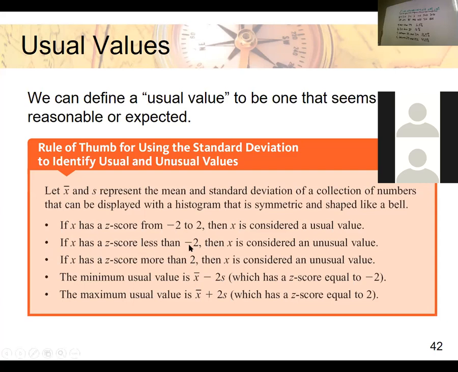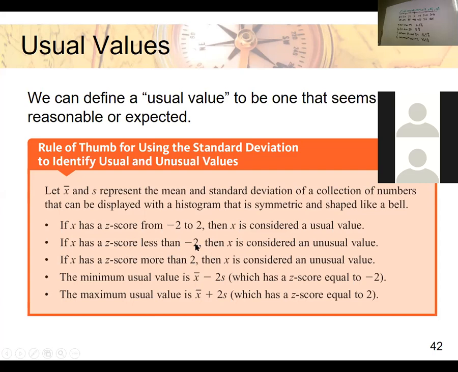Now, in the new statistics book that I plan to use next in the fall, they're going to use the phrase significantly high and the other one's significantly low. So something that's significantly high would be where the z-score is more than 2.